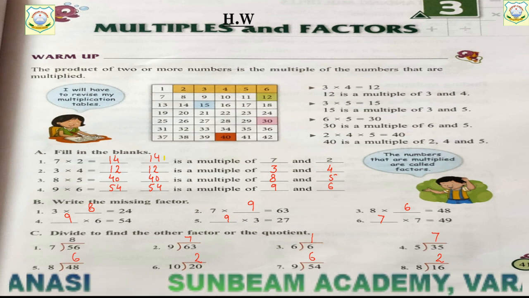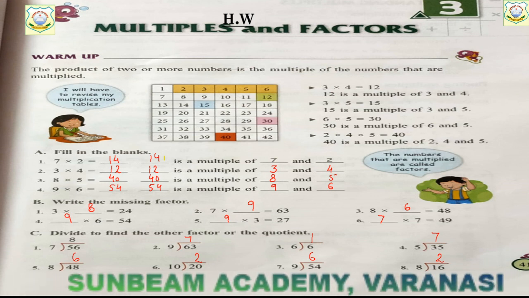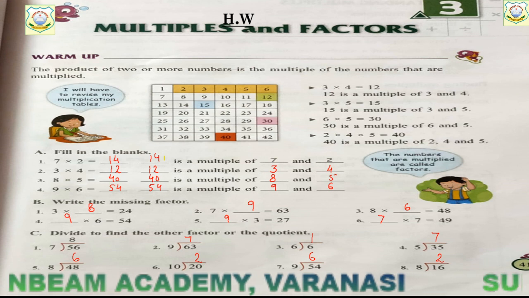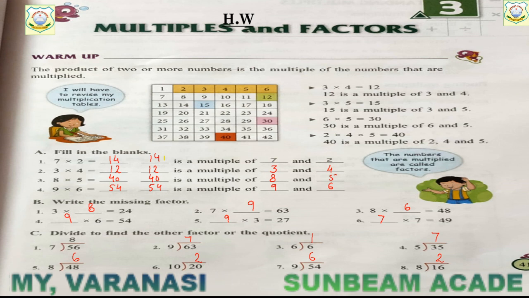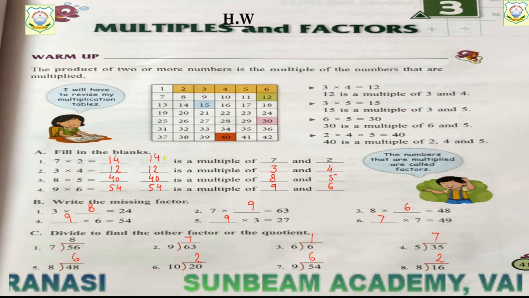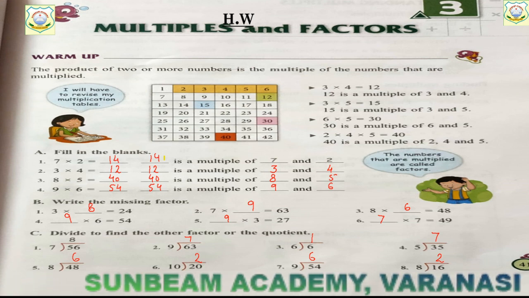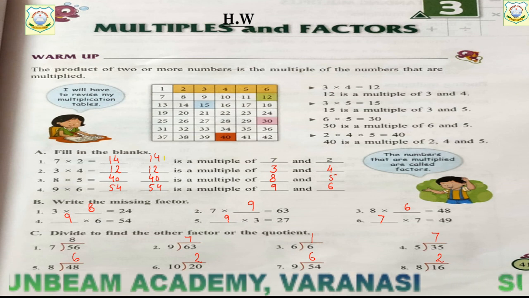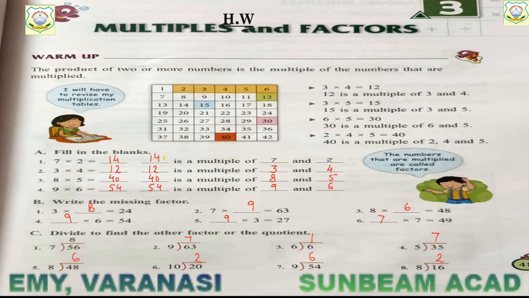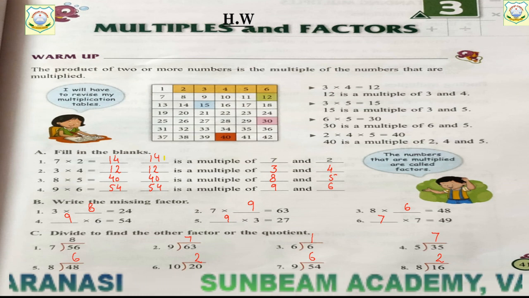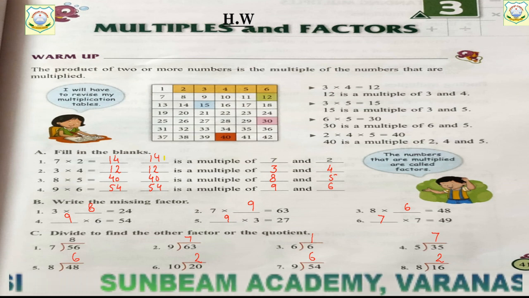Fourth, the answer is 7. Fifth, the answer is 6. Question number 6, the answer is 2. Then 7, the answer is 6. And after that, question number 8, the answer is 2. Have you checked your answers? I think you have done all of them correctly, right?